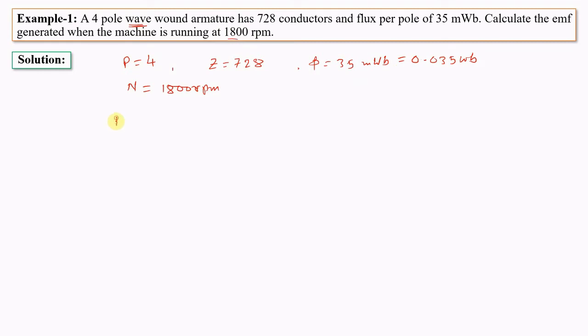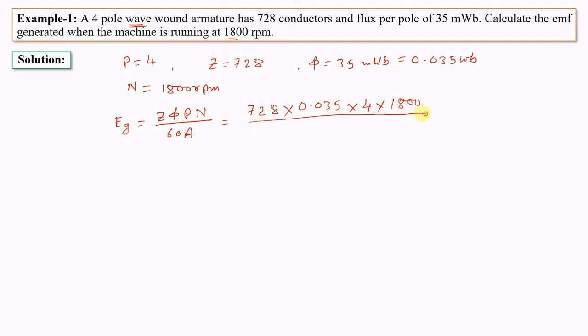So we know that the generated EMF is represented by Z phi Pn upon 60A. So here Z is 728, phi is 0.035, P is 4, and the speed is 1800 RPM upon 60 into A. As it is wave connected, the value of A will be equal to 2.